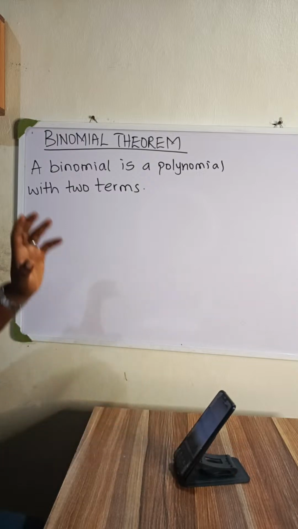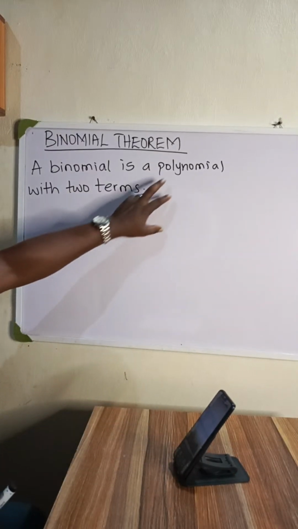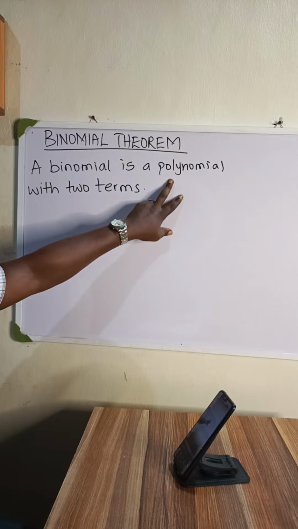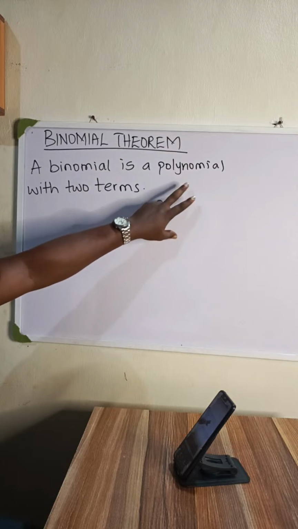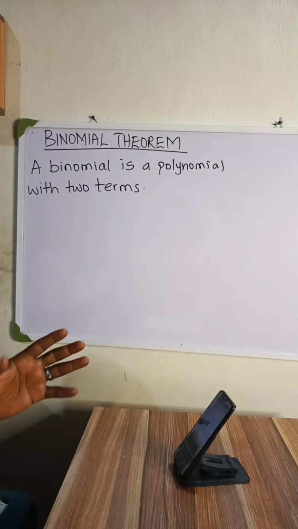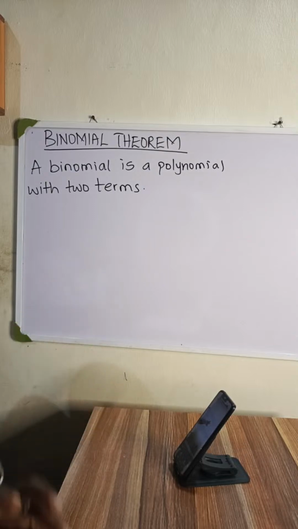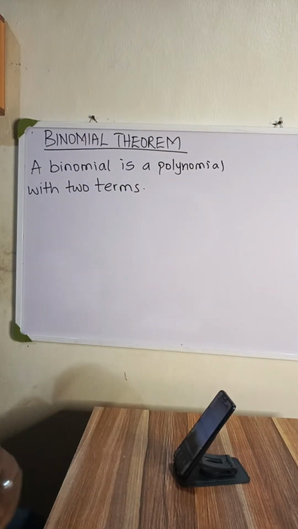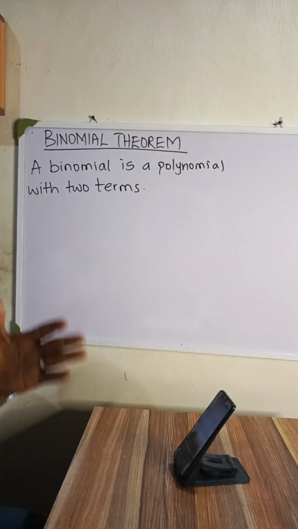So looking at this, we need to remind ourselves what a polynomial is. Polynomial means something that has many sides. So a polynomial is an algebraic expression that has many sides.